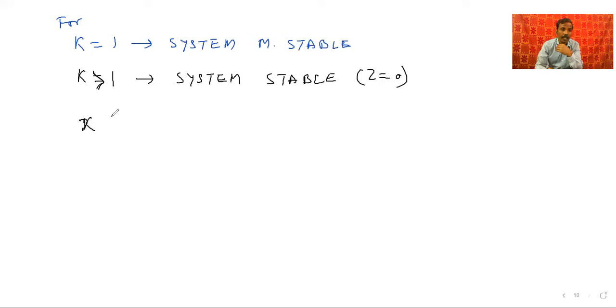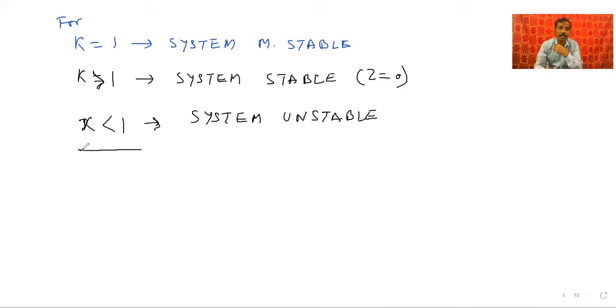If k is less than 1, the system is unstable. This is the very important condition. So for different values of k, the system is marginally stable, stable, and unstable. So thank you.